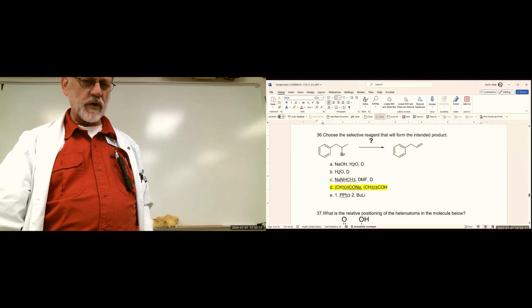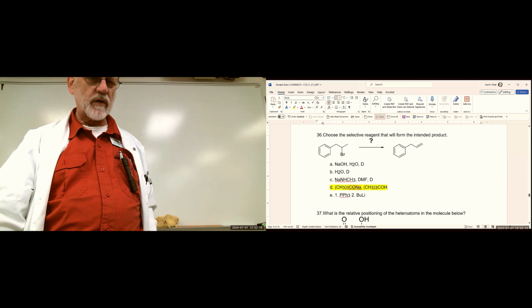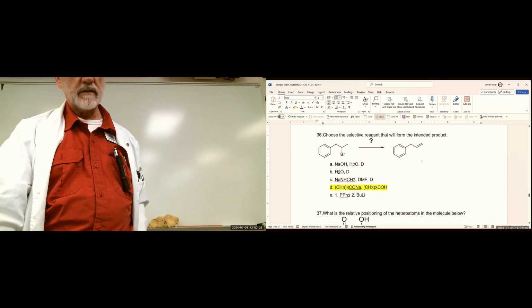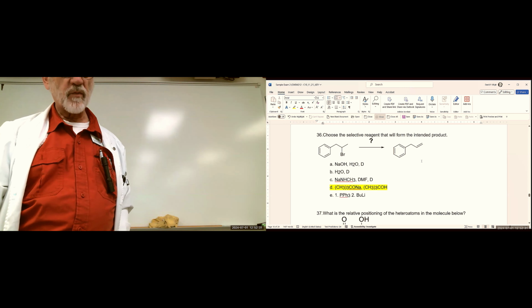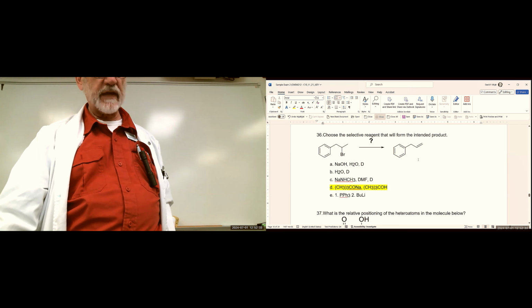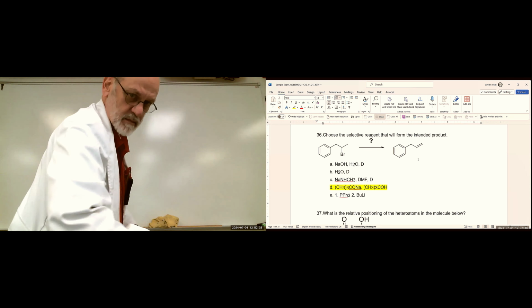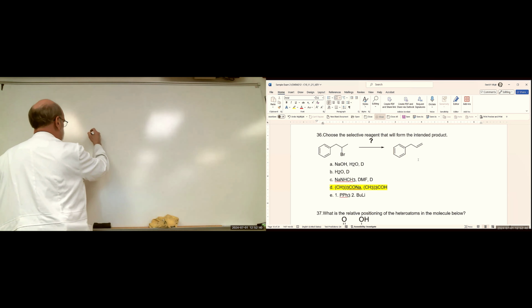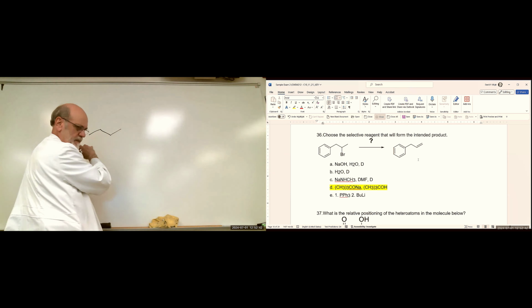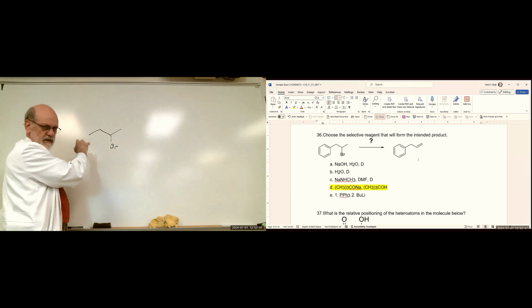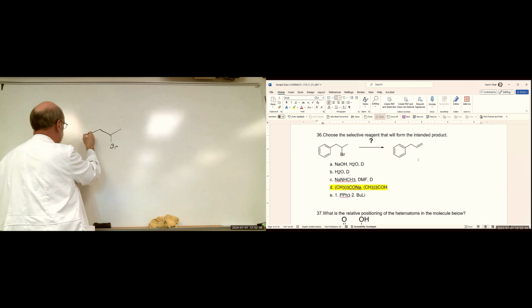So if we use this tertiary butyl alcohol and tertiary butoxide anion, it would deprotonate the terminal methyl. It's a strong base, so it'll take a proton off of that end. We got a bromine here, and this is going to be the phenyl group.